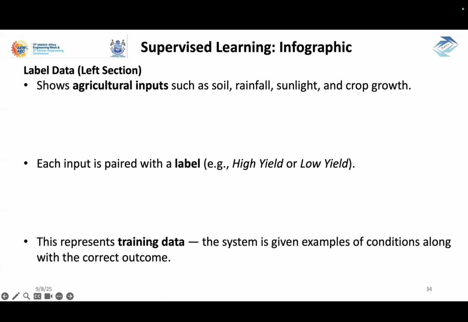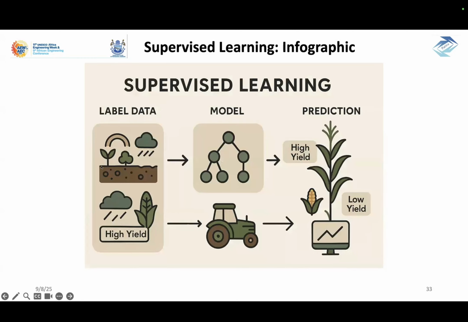And this represents what's called training data. So your left is your training data. The system is given examples of conditions along with the correct outcome. So from here we have our training data, we are labeling it, so we have high yield, low yield, and so forth.